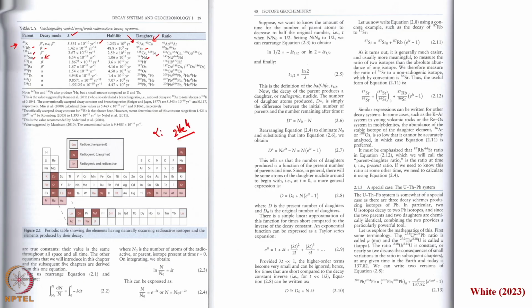Alpha is 2He4. 176Lu undergoes beta minus decay and gives 176Hf. 187Re undergoes decay and gives 187Os. 190Pt undergoes alpha decay and gives 186Os.